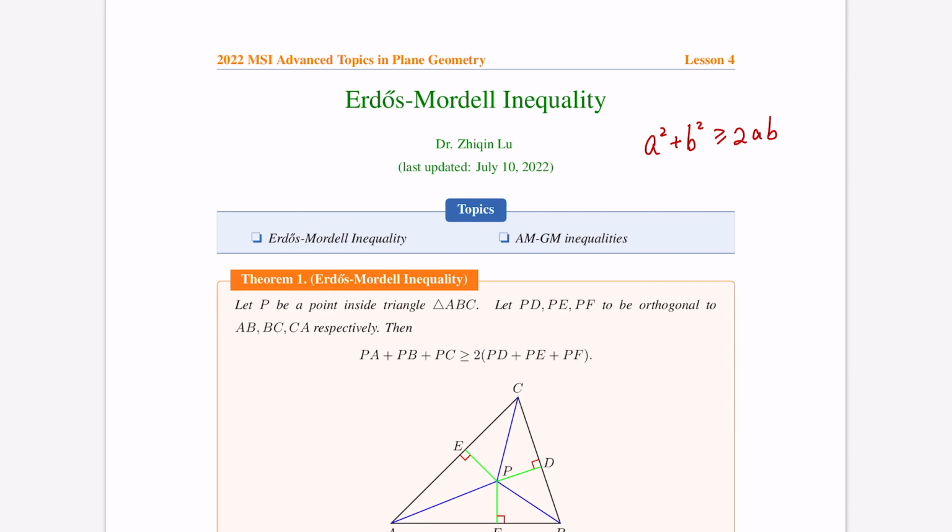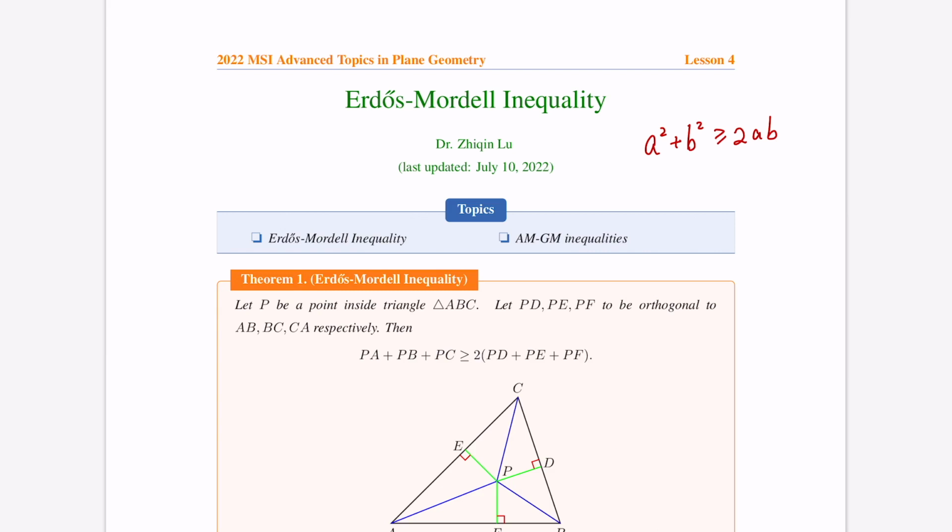The AM-GM inequality plays one of the central roles in mathematics. Inequalities are very, very important in calculus and in partial differential equations, in everything you will learn in the future. So some familiarity with the AM-GM inequality would be very useful.